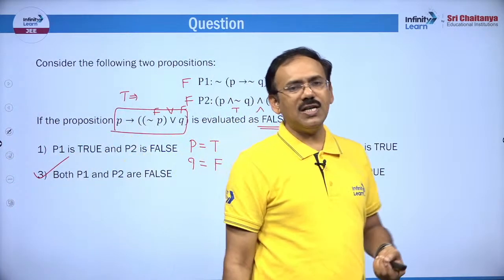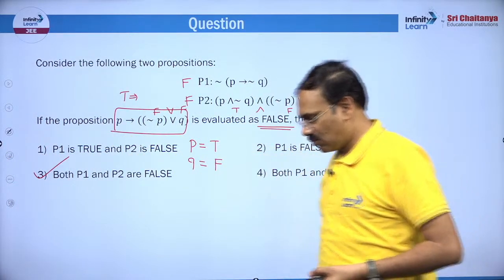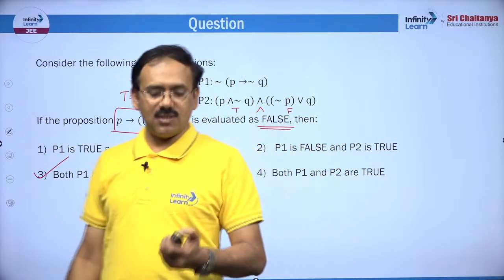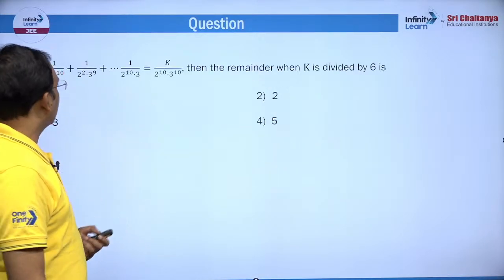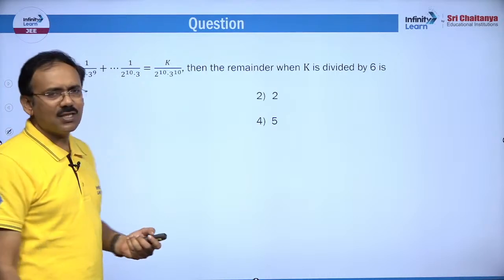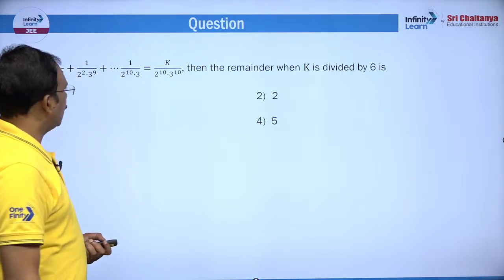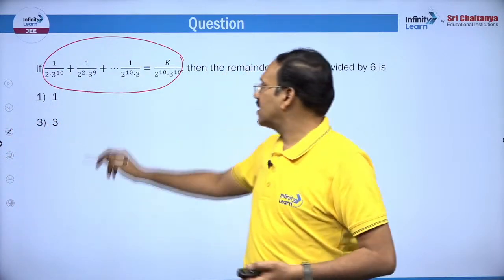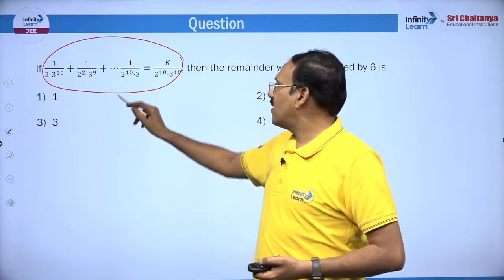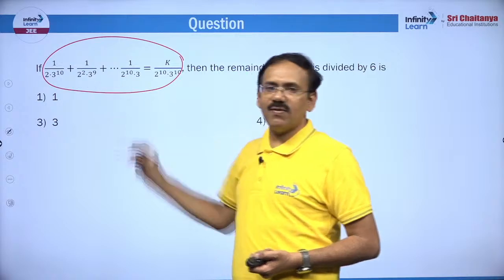So, you should not waste much time in solving these questions. If you could do a bit fast, you can save time and put it at some other questions, right. The next, my dear friends, you see this question. The LHS part is nothing but like a GP, right. Every time 2 power is increased, 3 power is decreased.